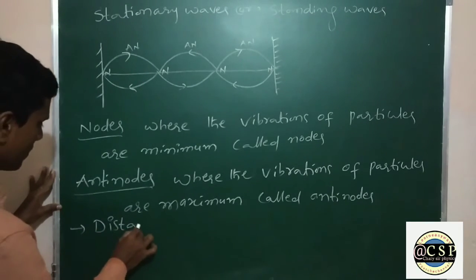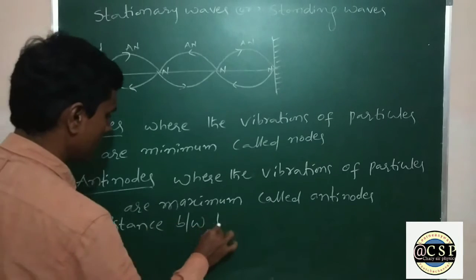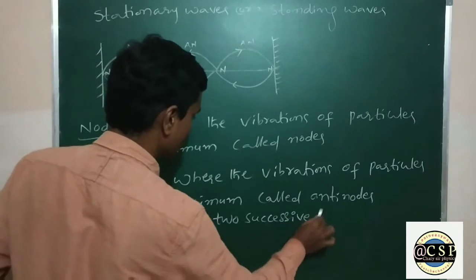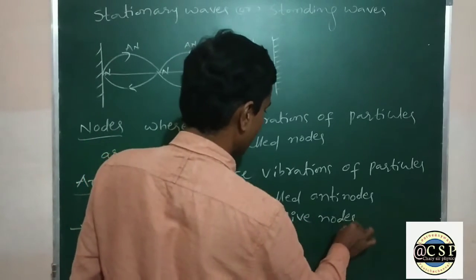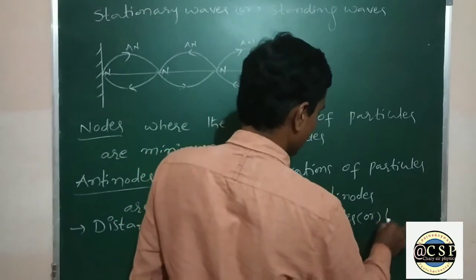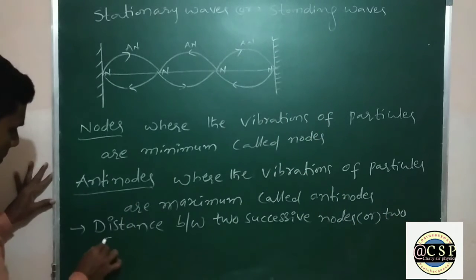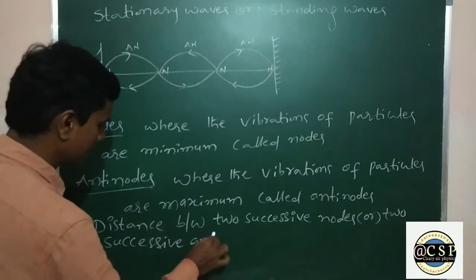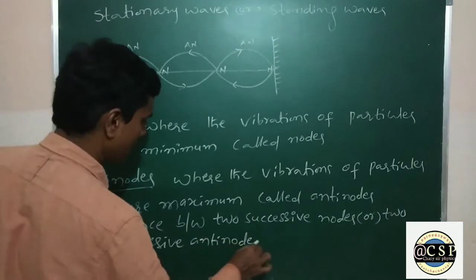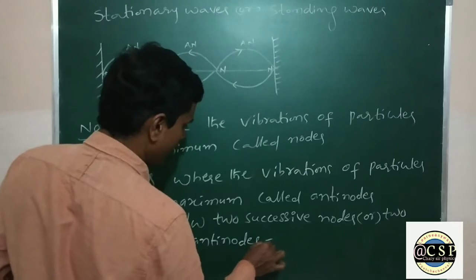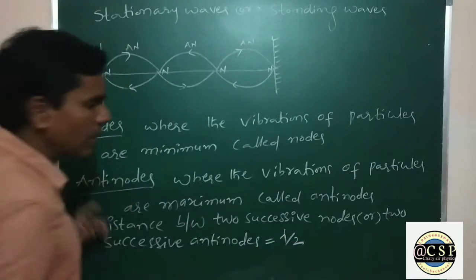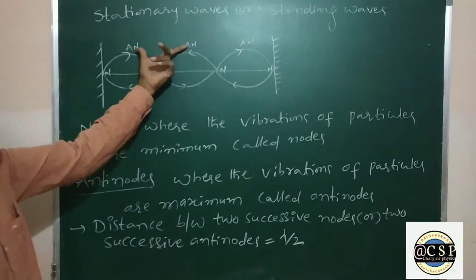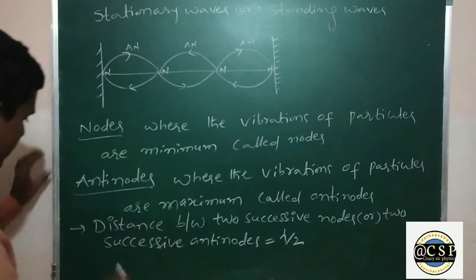The distance between two successive nodes, or two successive antinodes, is equal to lambda by 2.